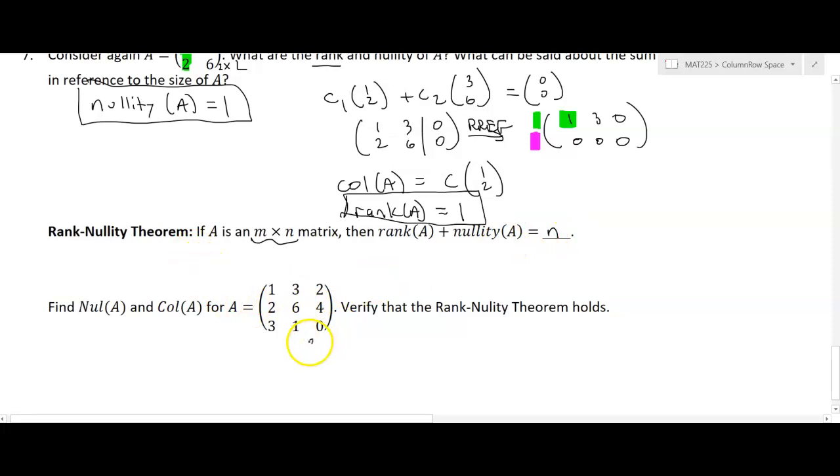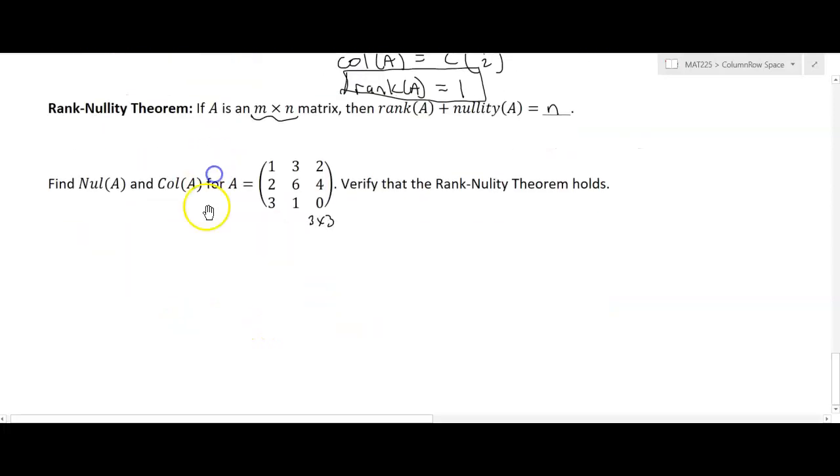So in this case, where we have a 3 by 3 matrix, we should see that the null space of A and the column space of A, when we add their dimensions together, we should end up getting 3. So as for the null space of A, by now we're just looking for what vector x, y, z produces the 0, 0 vector when multiplied by the A matrix.